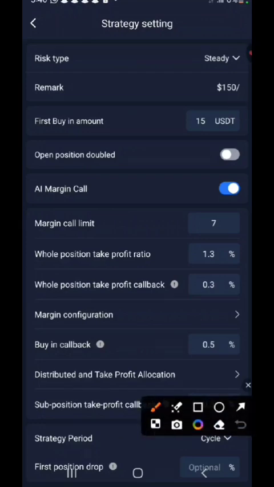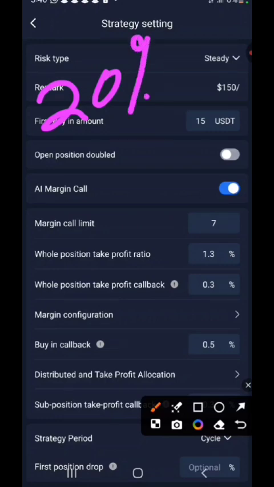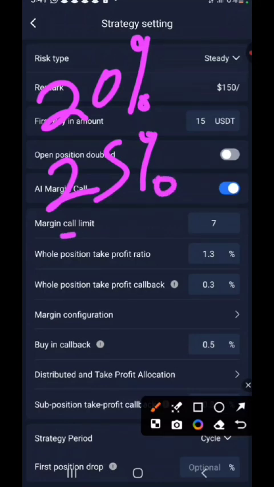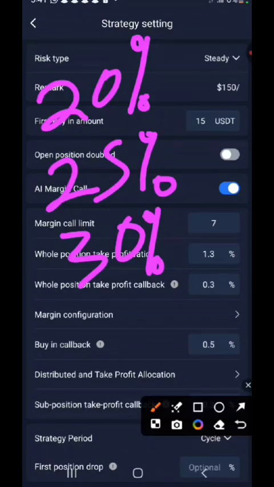Remember, you don't need to use all the money all at once. It is risky because anytime the market drops, you won't be able to buy more coins. So you can use either 20% of your capital, or 25%, or 30%, according to the capital that you want to inject in that strategy.